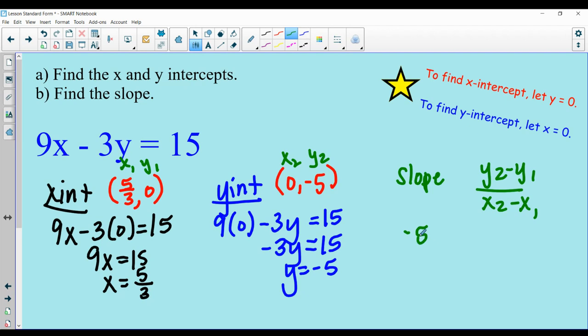So I have negative 5 minus 0, which is negative 5. And then I have 0 minus 5 thirds, which is going to be negative 5 thirds. And then in my calculator, I'm just going to solve that. Negative 5 divided by negative 5 thirds. And the answer is 3.